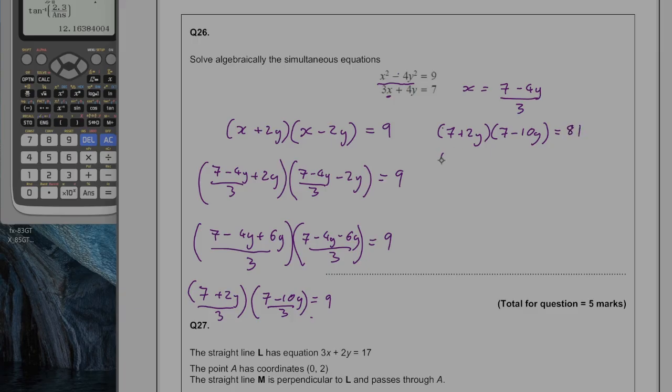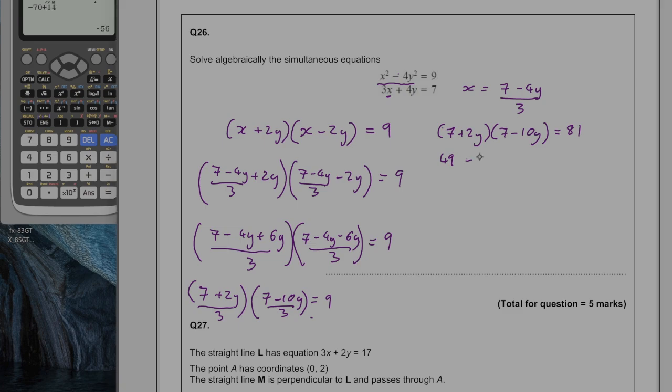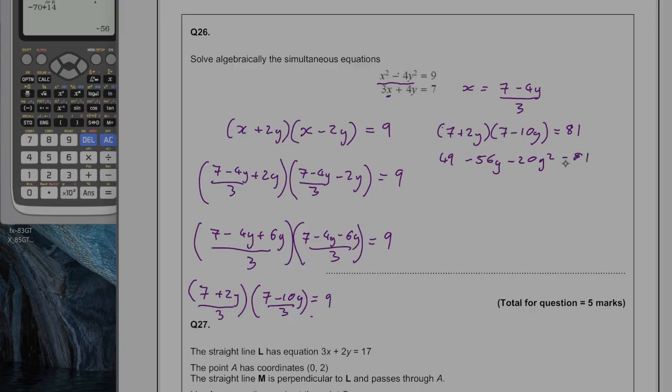So that's going to give us 7 times 7, 49, minus 70y plus 14y. So minus 56y minus 20y squared is equal to 81. Let's clear up that 81.